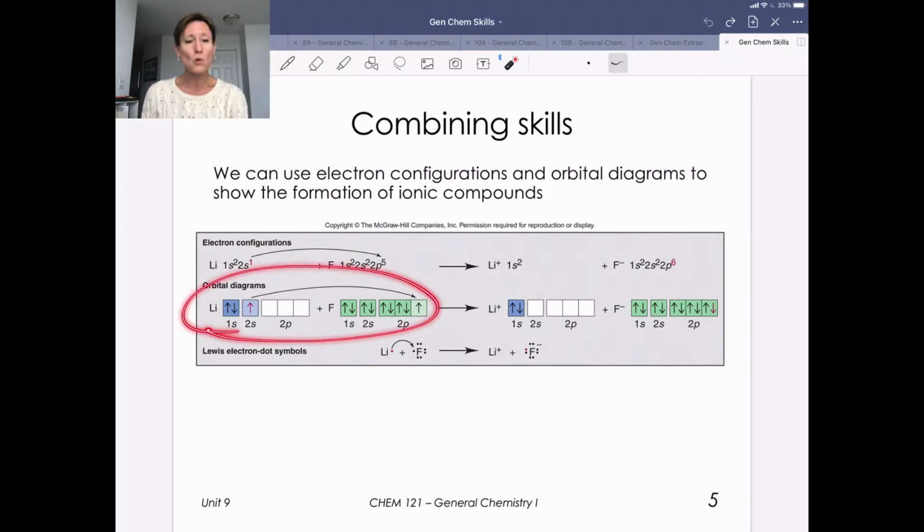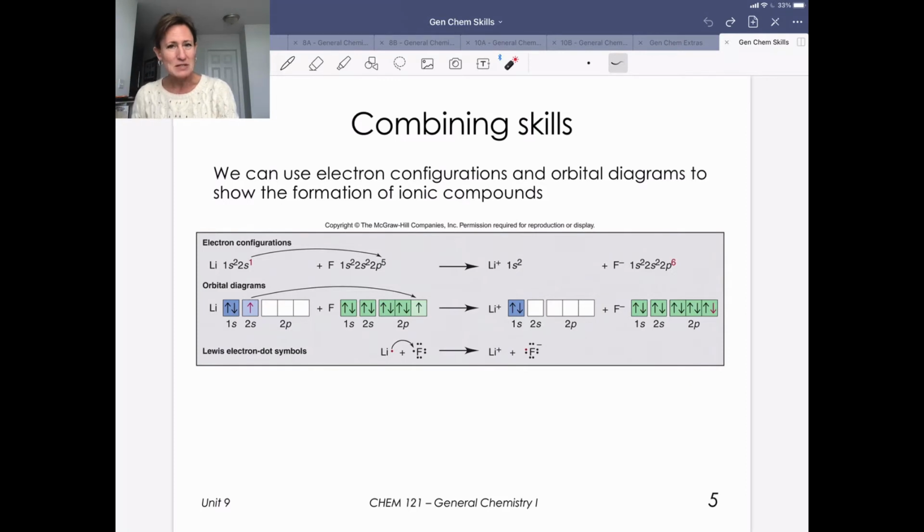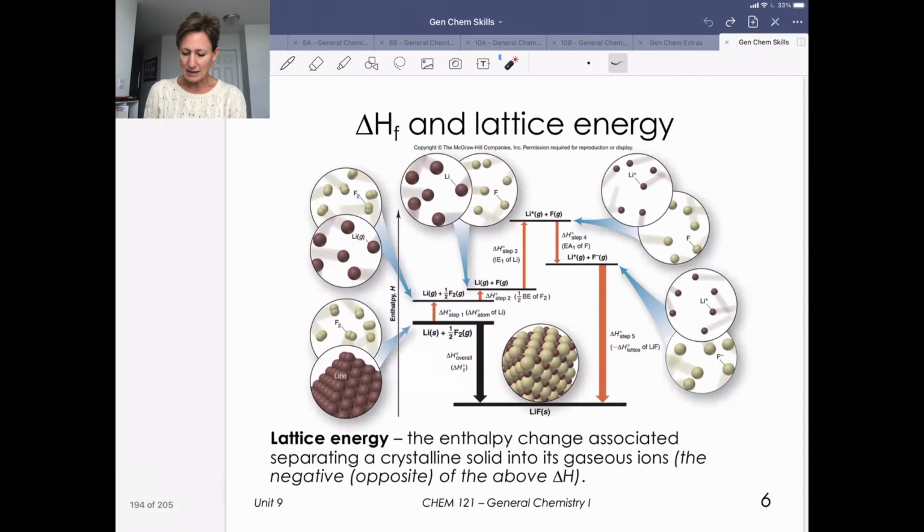We can also show that same situation happening with atomic orbital diagrams. And so a lot of this is going to kind of come together in our last two learning units here. And so we have this ionic compound that's formed between lithium and fluorine when we form lithium fluoride here. So just kind of a nice review of some things that we've seen already, but applied to, in this case, the concept of ionic bonding.